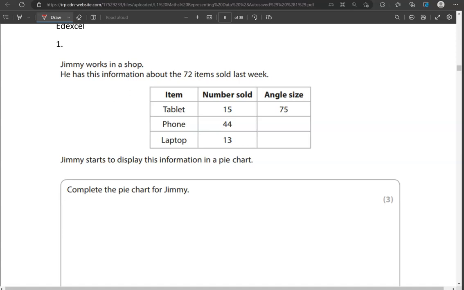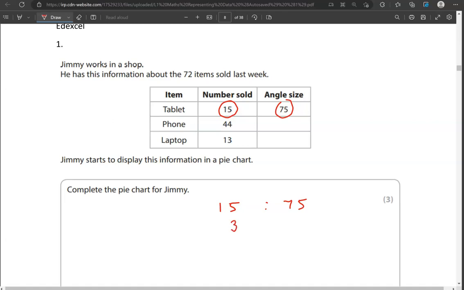So for the tablet, we've been given the number of tablets sold and the angle size. So we have a ratio of 15 to 75. We're going to simplify, so we are then working out for each one sold what we are representing in terms of degrees. So 15 to 75, we can divide both numbers by 5.